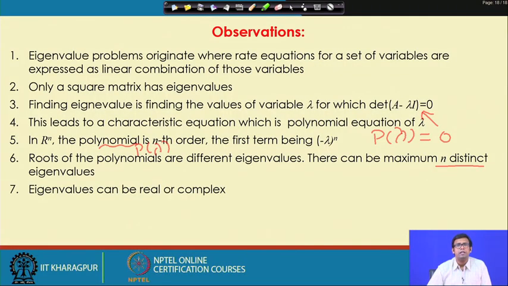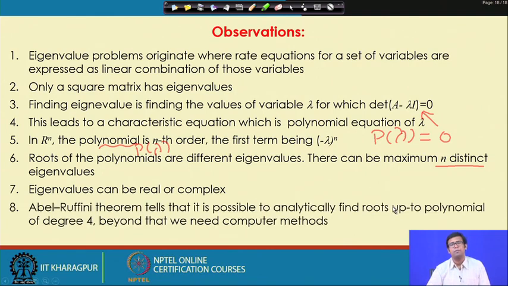Eigenvalues can be real or complex, true, because it is a polynomial equation, and we will look into the fundamental theorem of algebra later, which says that there can be complex roots of polynomials. Even from quadratic equations we can see that there can be complex roots when the coefficients are real, which is possible.